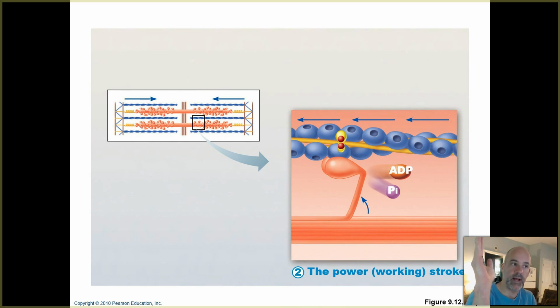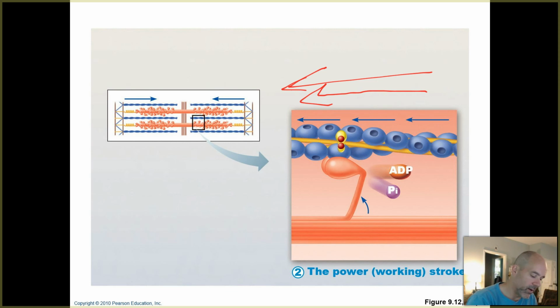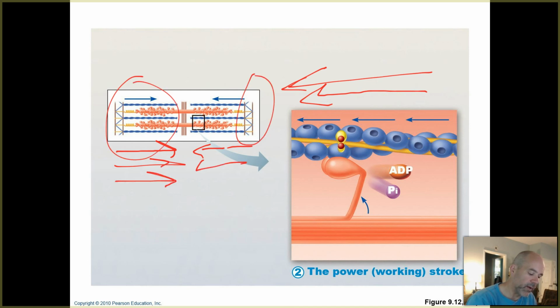So you guys can see the myosin heads go like that. And as they do that, that drags the thin filament toward the center of the sarcomere. Okay, so over here, on this side to the left, the thin filaments are being dragged that way, and over here on the right, the thin filaments are being dragged that way toward the center.